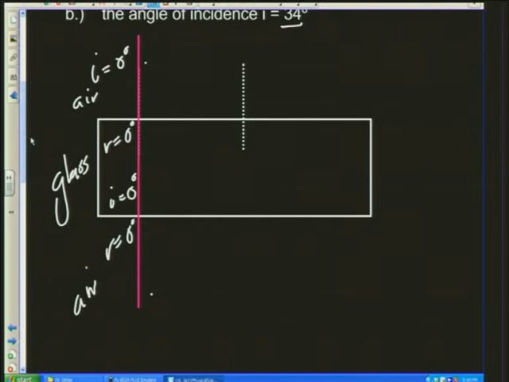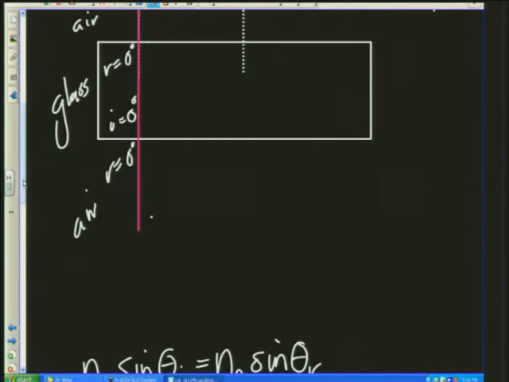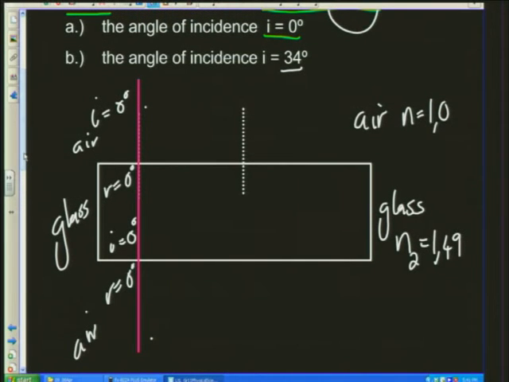We're told that it's moving from air, and we know the refractive index of air is 1,0. We are told, secondly, that the refractive index of this glass block is 1,49. So N2, the glass, has a refractive index, N2, of 1,49. And the third piece of information we're given is the angle of incidence is 34 degrees.